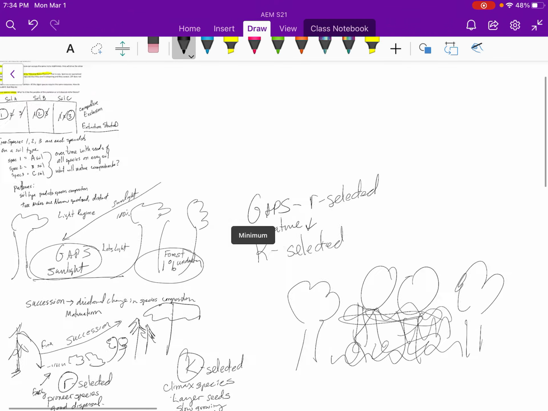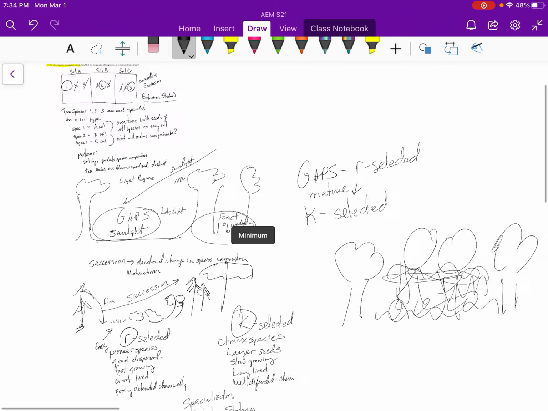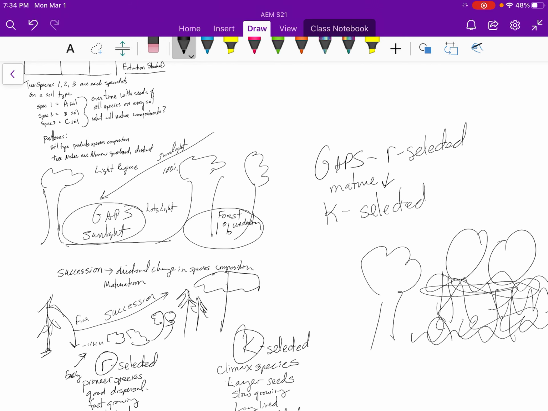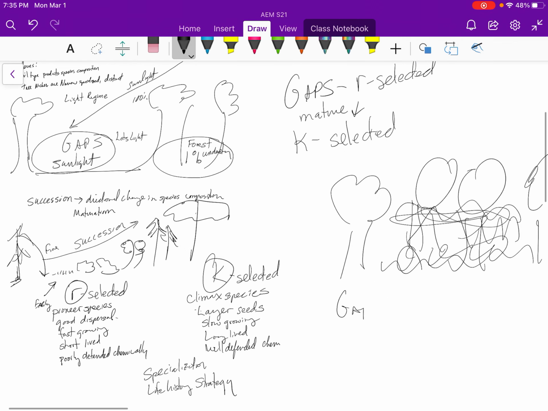So this process would be the process of gap regeneration. It's often called gap succession.